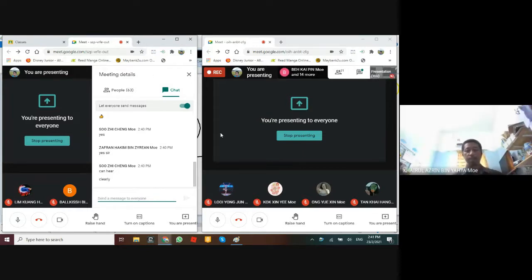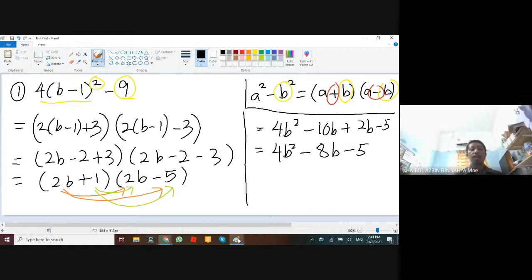Okay, so let's continue. We get the answer already. Okay, we get the answer 4b square minus 8b minus 5. However, the steps very long.